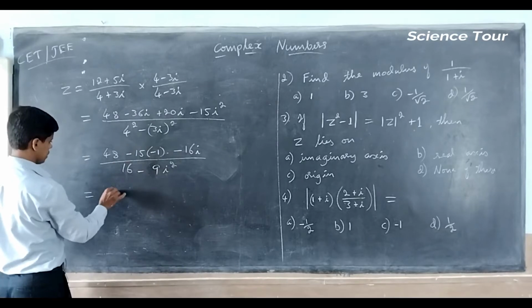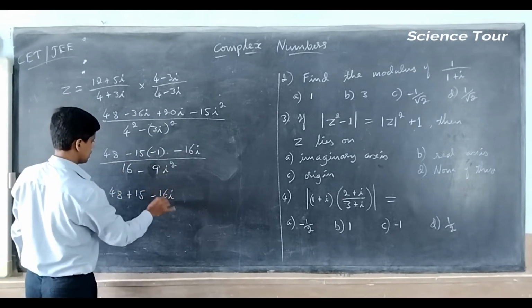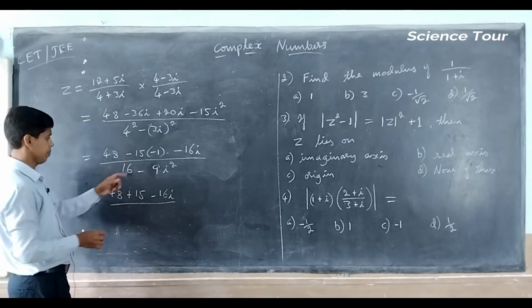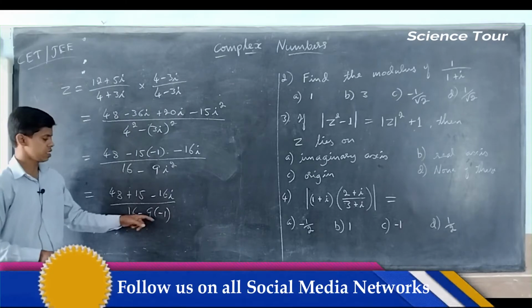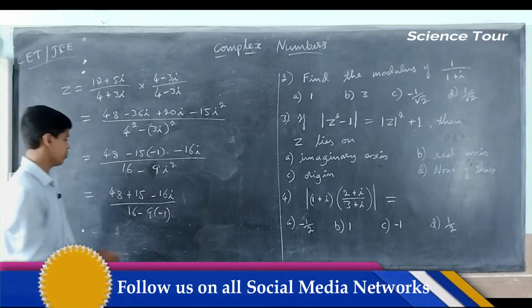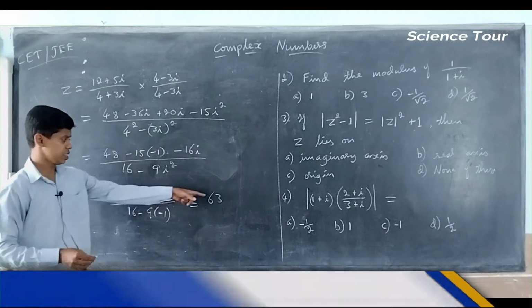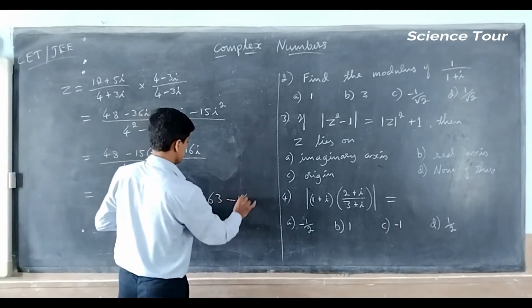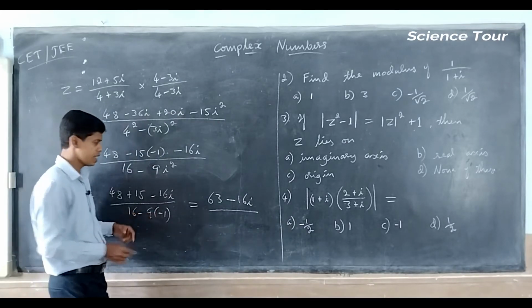So this is 48 plus 15 minus 16i divided by, you have got 16 minus 9 into minus 1, which is 16 plus 9, that is 25. So this is like 48 plus 15, 63 minus 16i divided by 25.